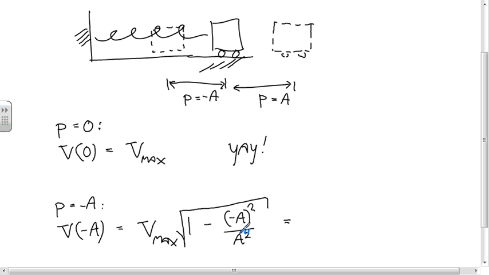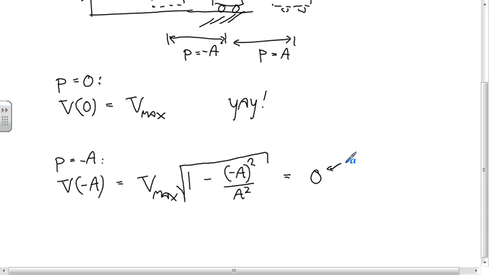Negative A squared is the same as A squared. So this gives you 1 minus 1. So you got the square root of 0. And so 0 times V max is 0. Okay? That's the point where it's turning around. So this makes sense.